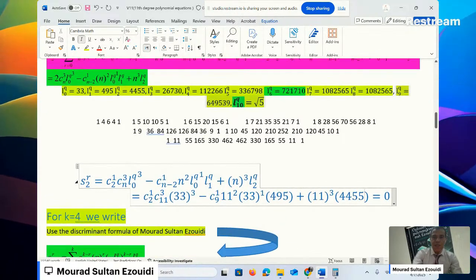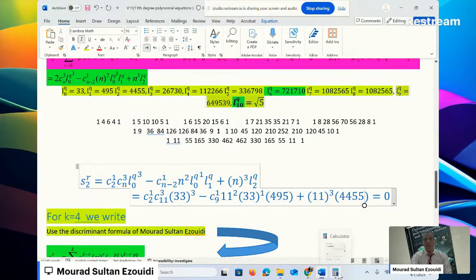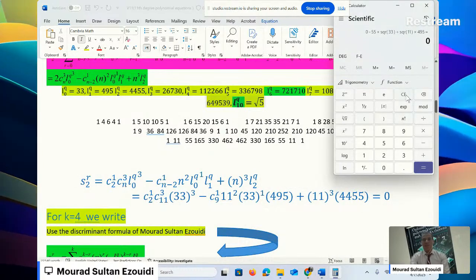Let's use my calculator and calculate the following.